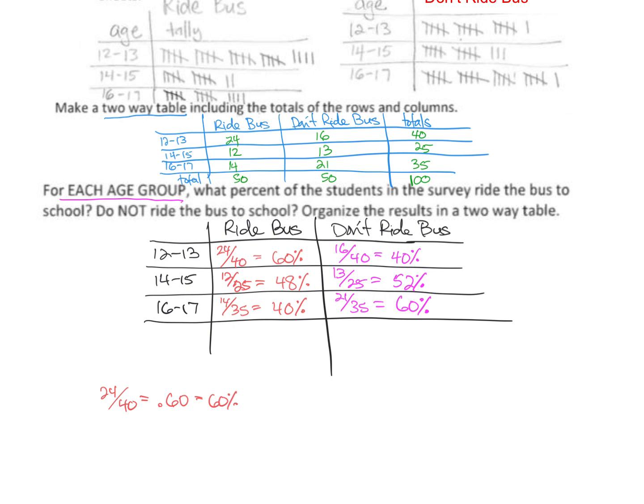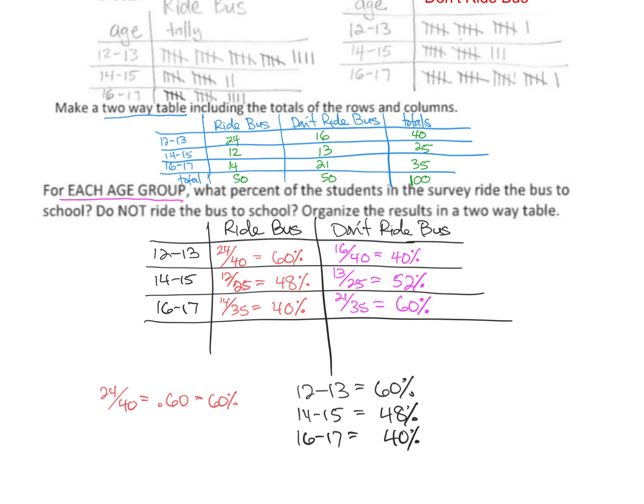And so we're going to say for the 12 to 13 is 60%. 14 to 15 is 48%. And then 16 to 17 is 40%.